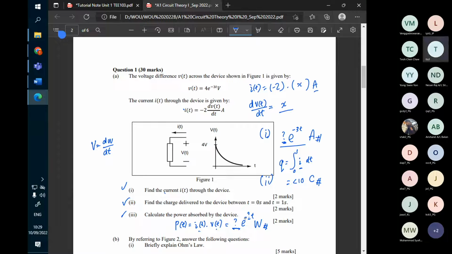E to the exponential power of something t. Definitely it's not 3t, you see, because you multiply these two.